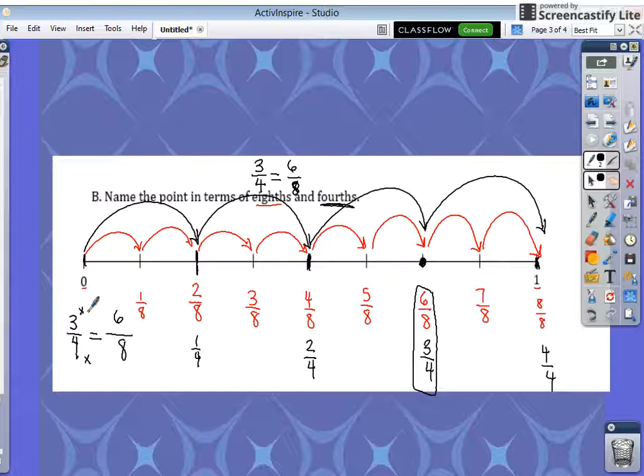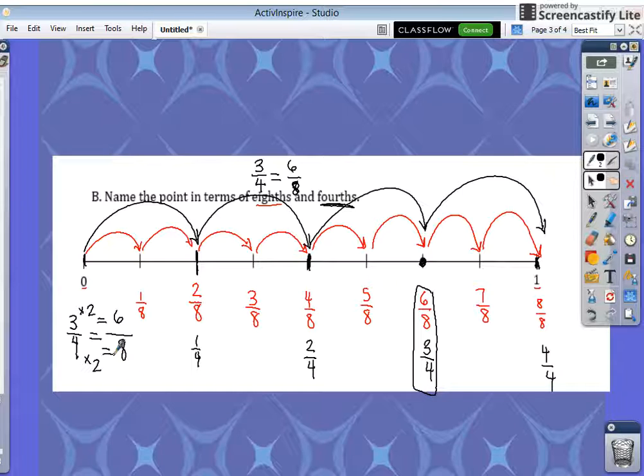For this example, I can multiply each by 2, because 3 times 2 equals 6, and 4 times 2 equals 8. That's just one way to figure out how to find an equivalent fraction.